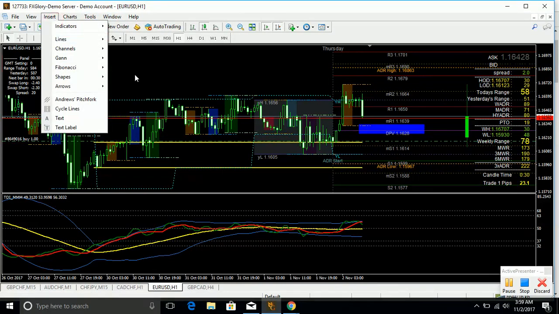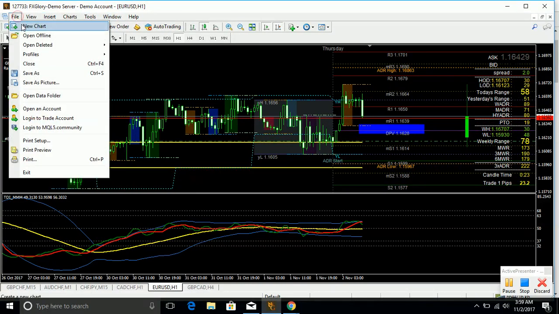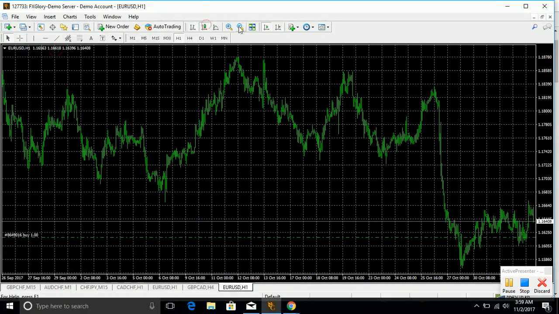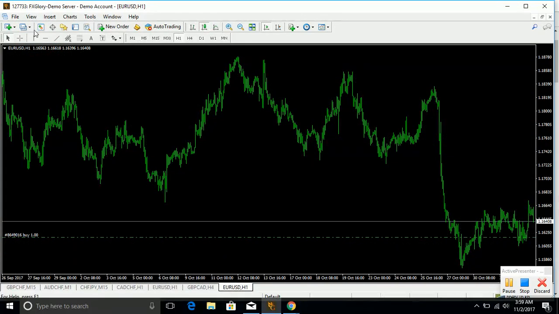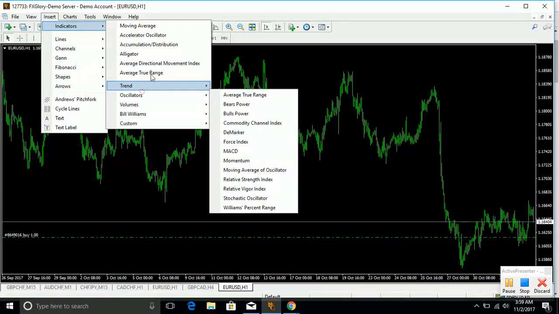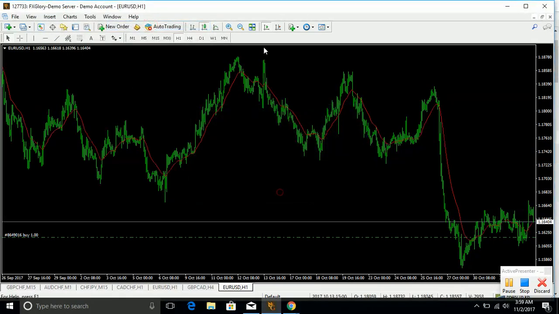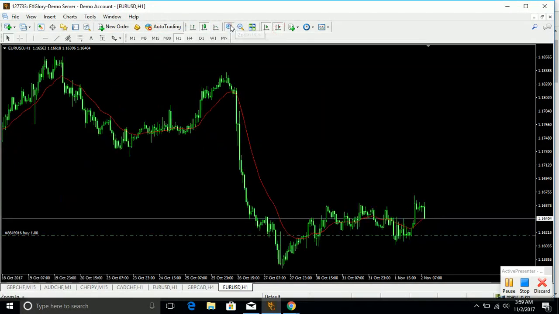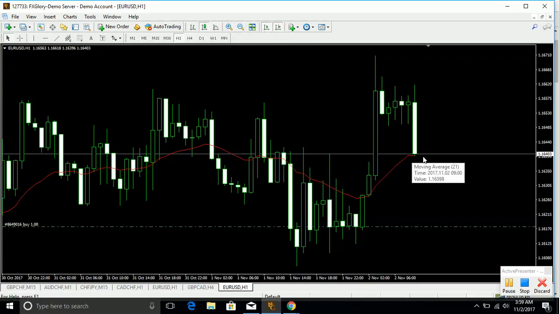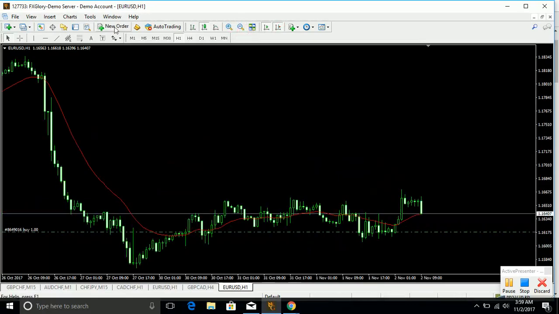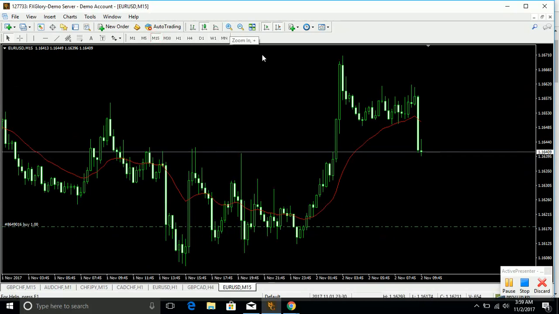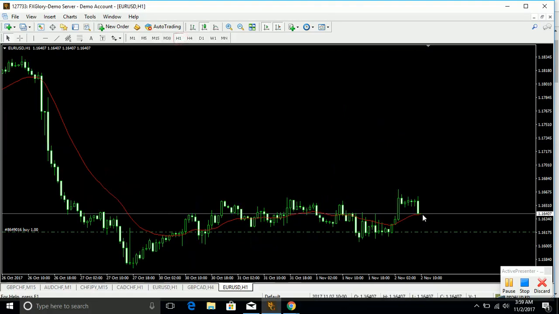Sorry, let me get a new chart, because what I want to show you is how it's playing on the 21 moving average, because I can already tell right now it's bouncing. See, right here we're bouncing off this 21 moving average, and if we go to a 15-minute chart, we're below it. So this was a stop plant trap below the 21 moving average, but it's really just a bounce.